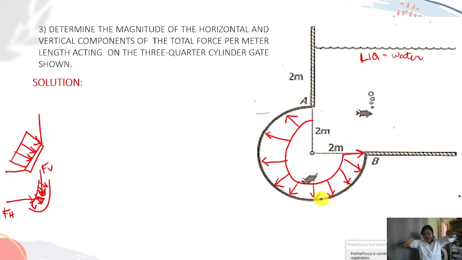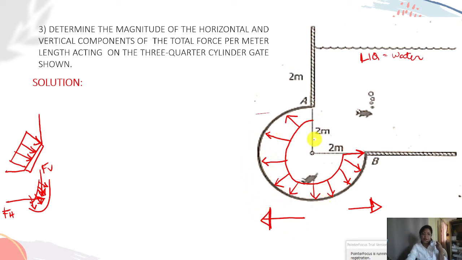So, humihiwalay yung kanyang direction in terms of A, papunta dito lahat ng kanyang pressure, tapos B, papunta naman here. Ibig sabihin, makakakuha tayo ng resultant na force na contradicting.